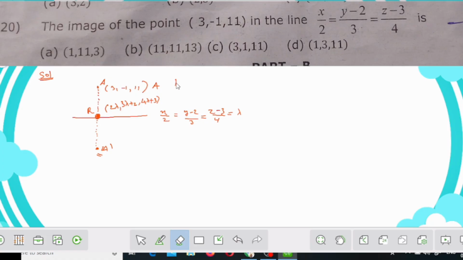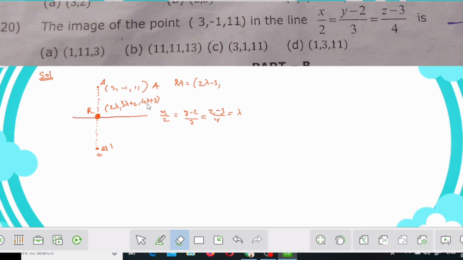The direction ratios of the line RA are, whenever 2 points are given, x2 minus x1, y2 minus y1, z2 minus z1 are the direction ratios of the line joining 2 points. So 2 lambda minus 3 is the first value.